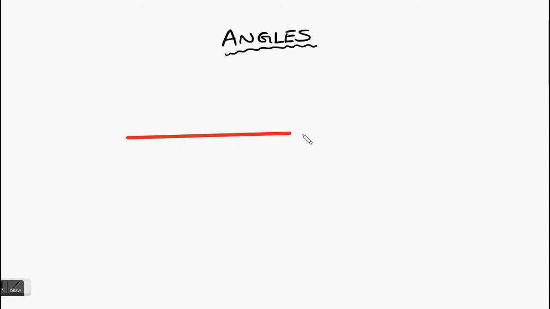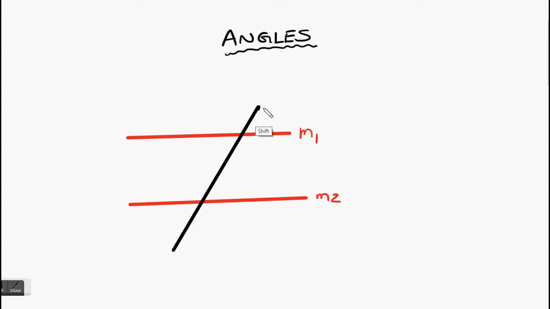So let's say there are two parallel lines. This is the line M1, and this is, let's say, M2. Now let's say there is a line which is crossing these two parallel lines. We'll call it the transversal line, let's say N. So N is a transversal line since it is crossing two parallel lines.